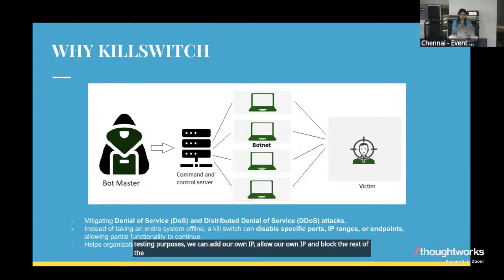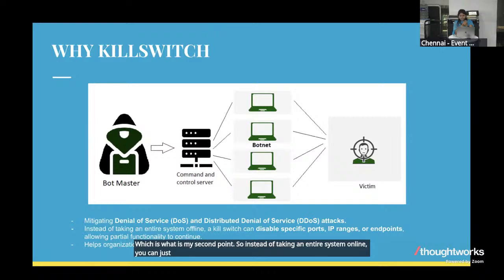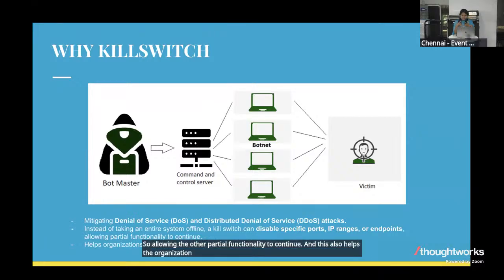That is my second point. Instead of taking an entire system offline, you can just disable certain ports, IP ranges, or even endpoints, allowing the other partial functionality to continue. This also helps the organization enforce security policies to avoid any legal losses due to these attacks.